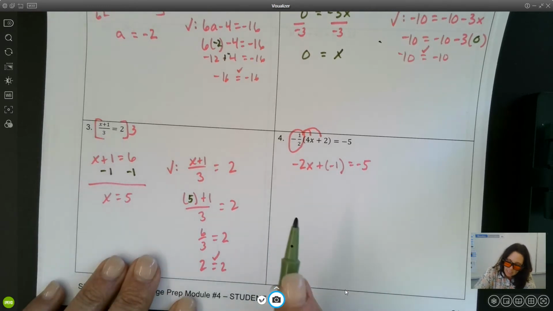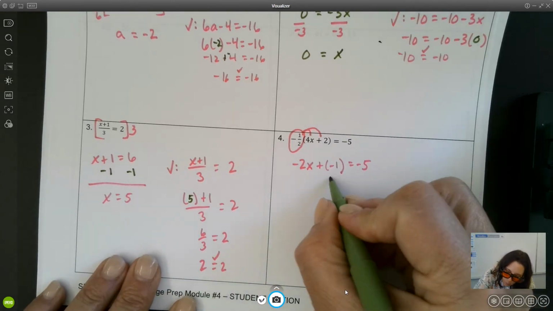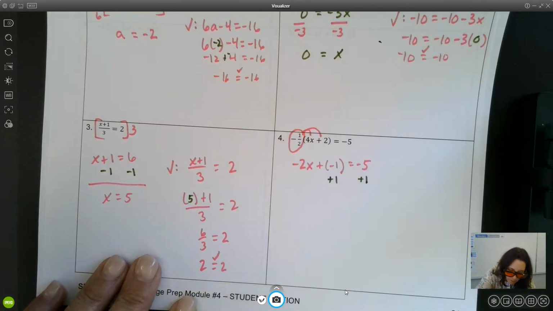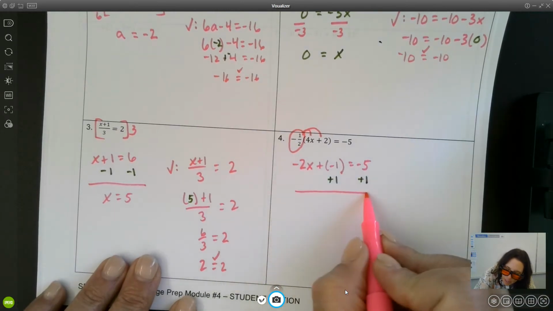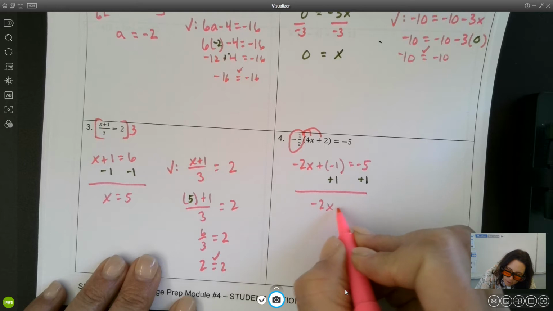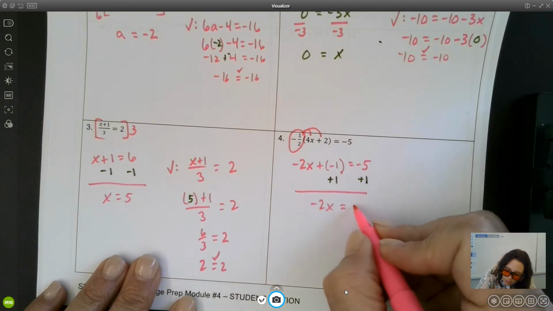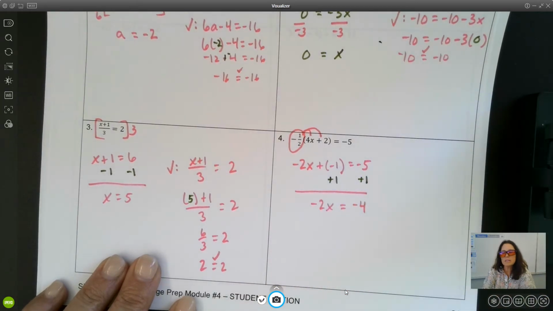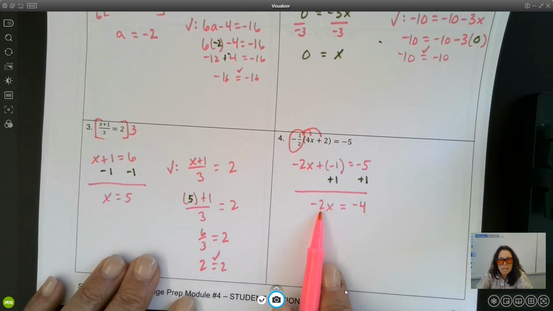I'm trying to get to this negative 2x. I'm going to get rid of this 1 by adding it to both sides. Negative 5 plus 1 is negative 4. Now if x is being multiplied by negative 2, the inverse, the opposite, is to divide by negative 2. Couldn't we also multiply by negative 1/2?